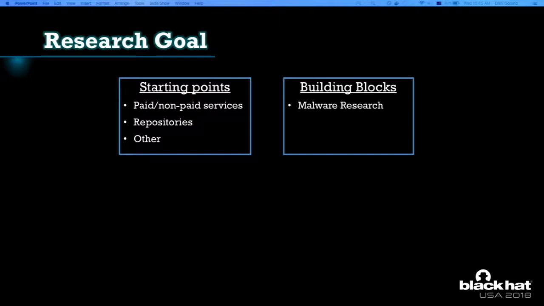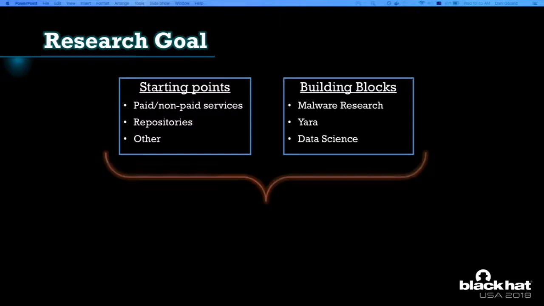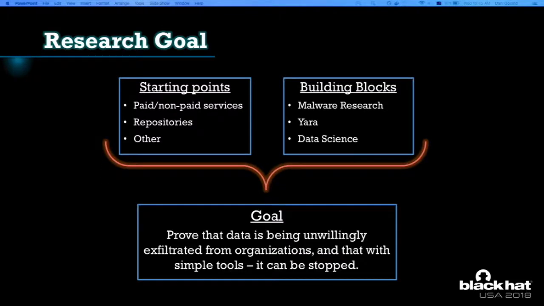And the idea behind it was our expertise in malware research: find the samples, understand how to craft the research around it, and write some YARA rules so that we can take all these samples into one collection and get the needles out of the haystack, basically. And data science, which I have no idea about. But Dani here is supposed to be the master, so he will show you some black magic as we go.